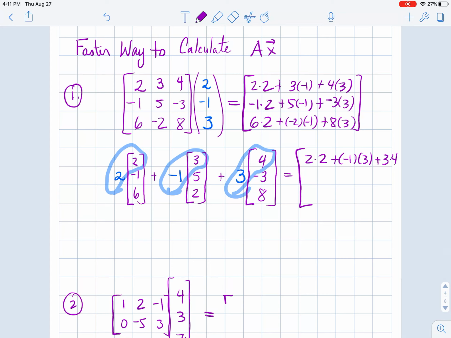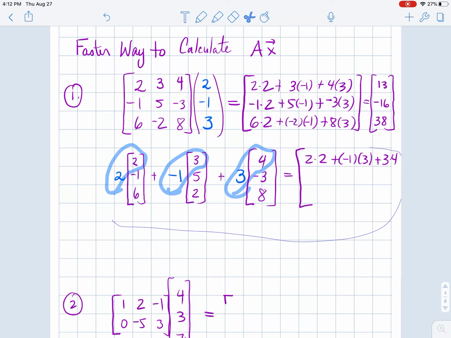I'm just combining all those numbers together. And at the end of the day, I have to do the arithmetic. So it's going to be 4 minus 3, that's 1, plus 12, that's 13. It's -7 minus 9, which is -16. And that's 12 plus 2 is 14, plus 24 is 38.